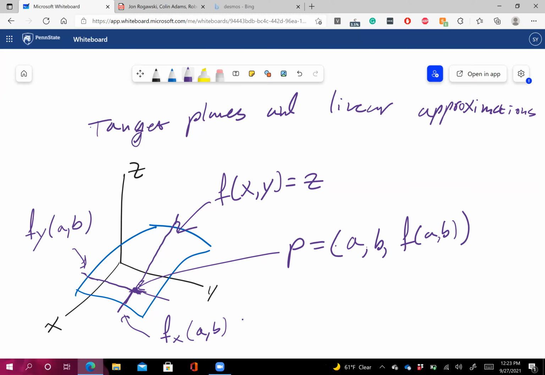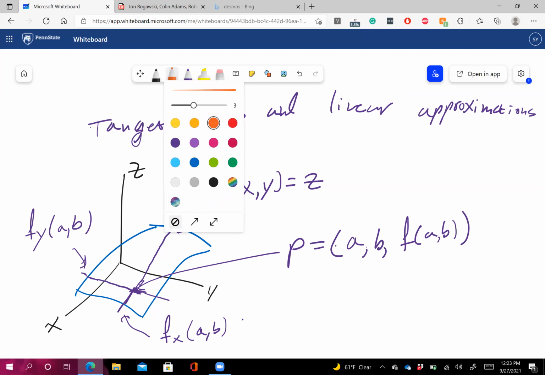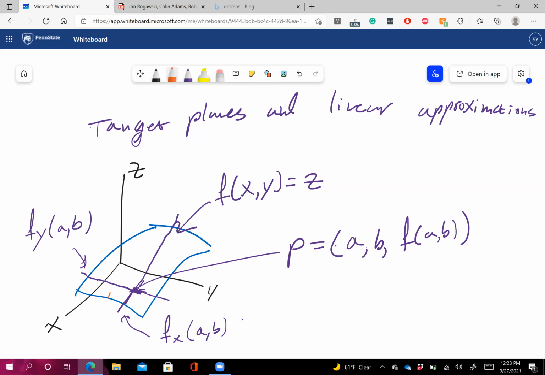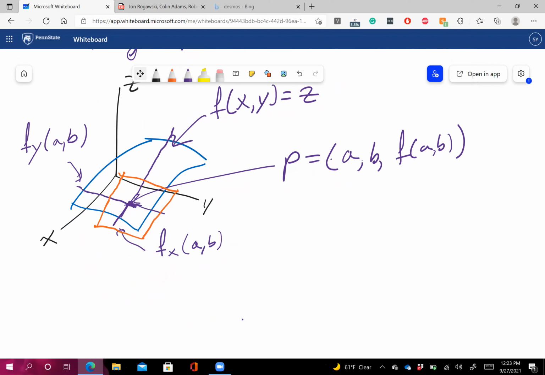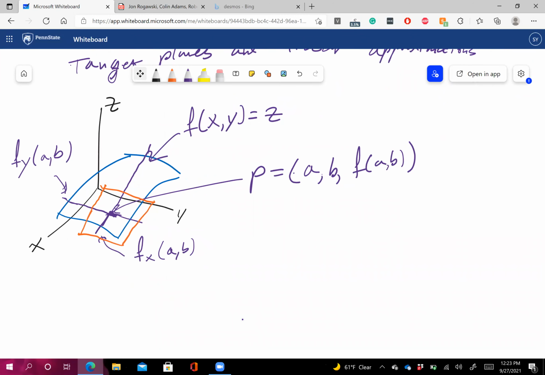Now, what we would like to do is find the plane that contains both of those lines. In other words, this plane will be tangent to the surface at the point P. And so we can ask, how can we find this plane? We can draw two vectors that are contained in the plane.